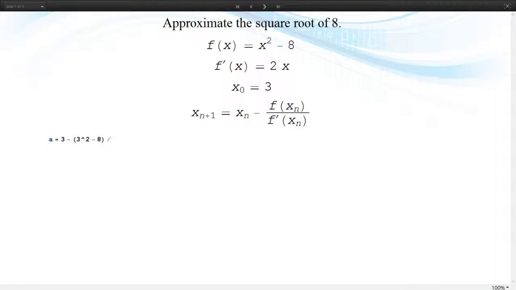And then we want to divide that by f prime of 3, which is 2 times 3 is 6. And we get 17 over 6 as our answer. Actually, let's get a decimal. So 2.83 repeating.